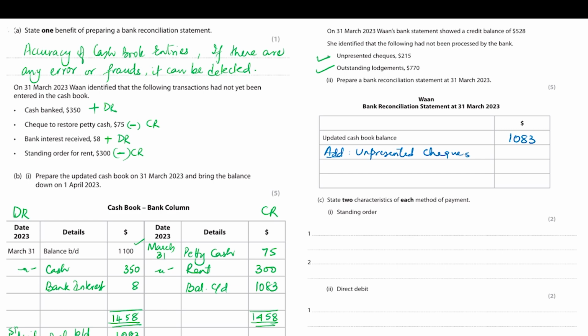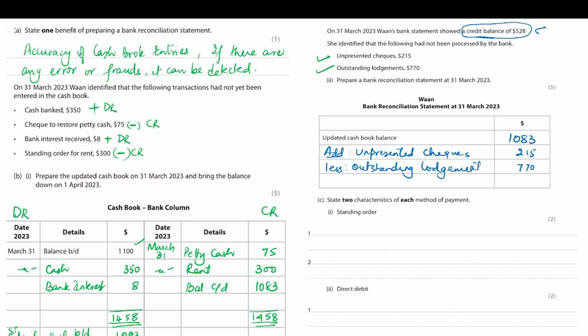The bank statement showed a credit balance, so in the end we should be able to get that, and then we will know that our working is correct. So unpresented check is 250. And we are going to less outstanding lodgement 770.